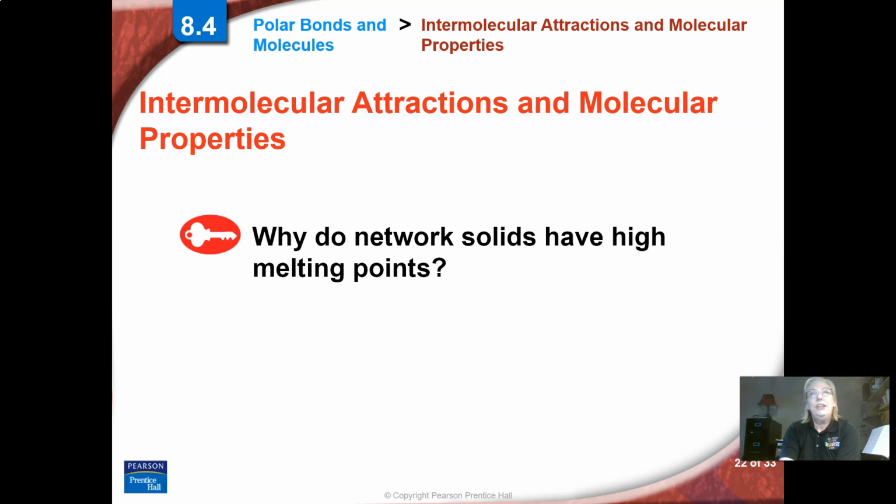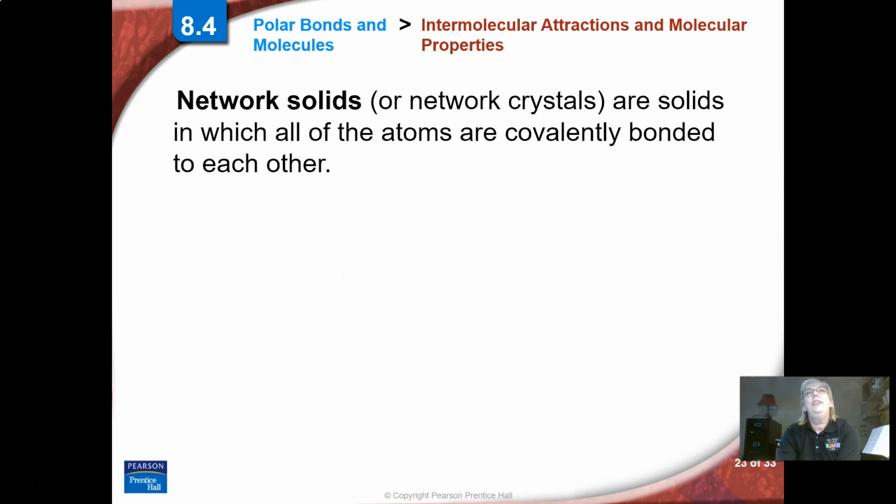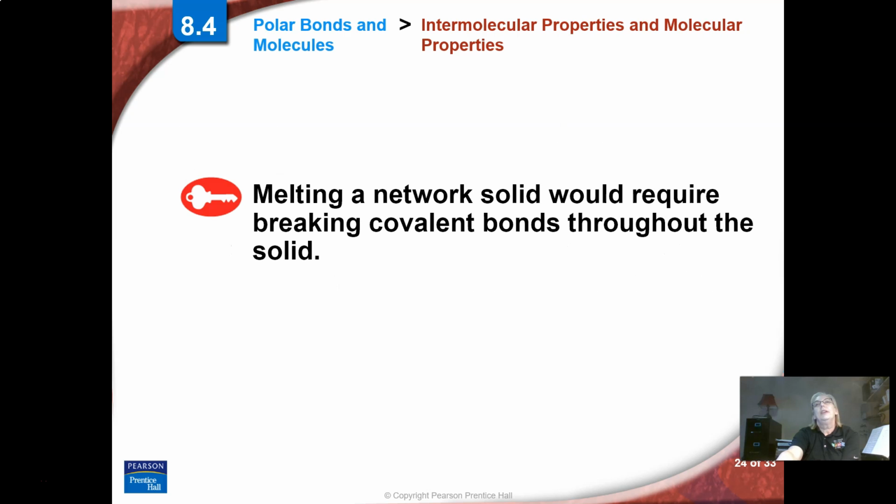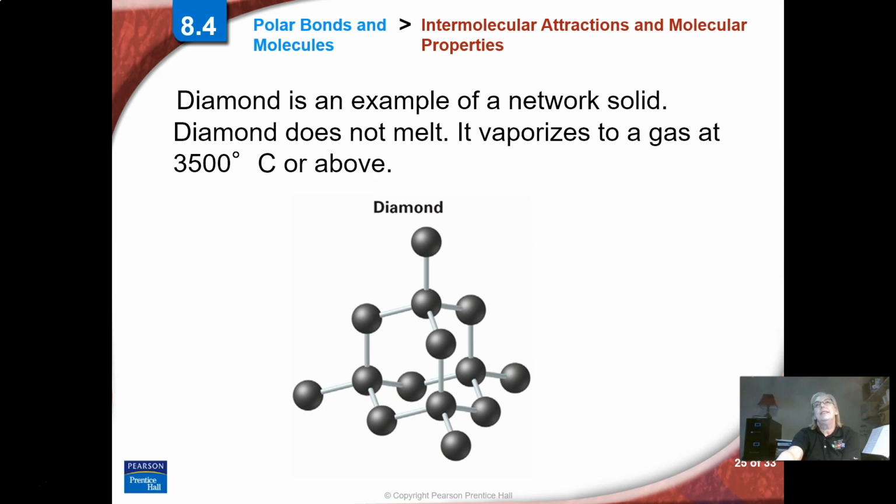And then we're going to talk about network solids. I don't know if we've talked about network solids before, but these are solids where the atoms are covalently bonded together, and they have high melting points. So they're very, very strong. Diamond is an example of that.